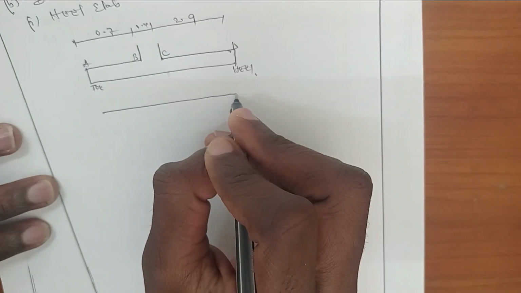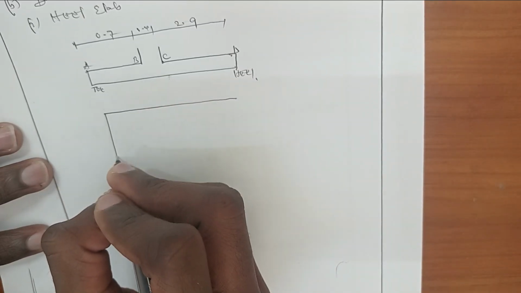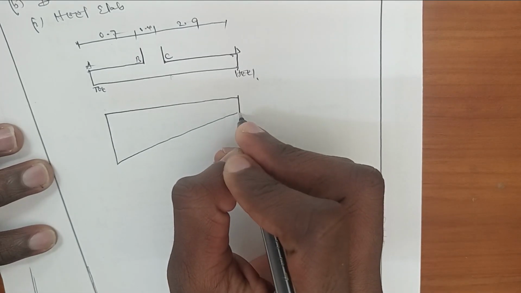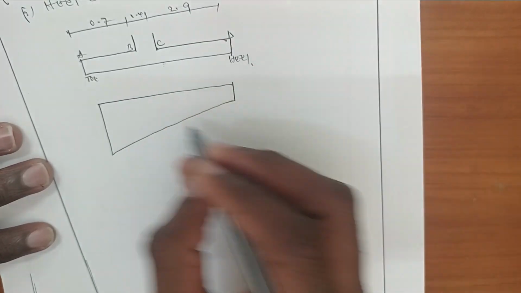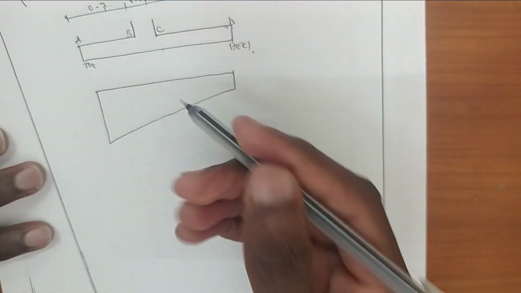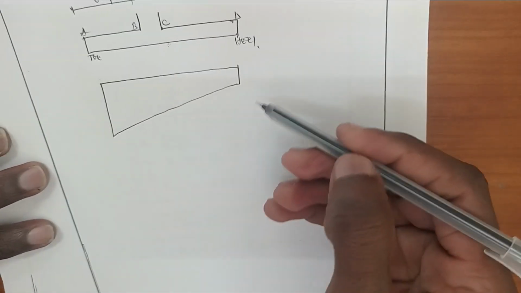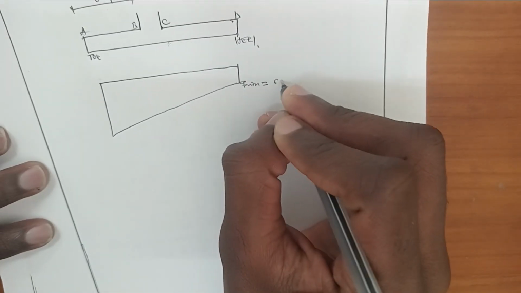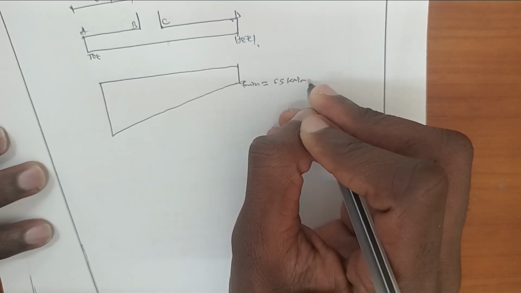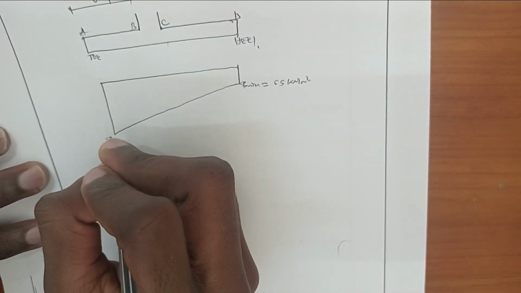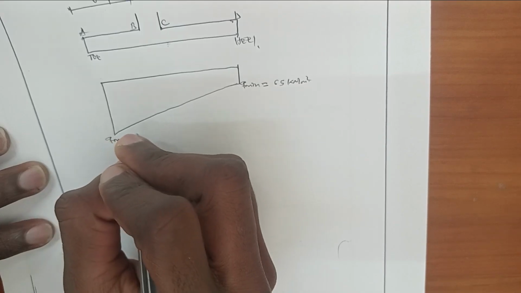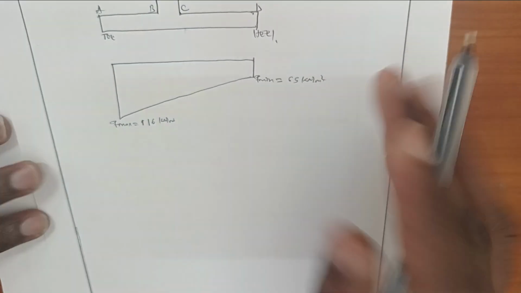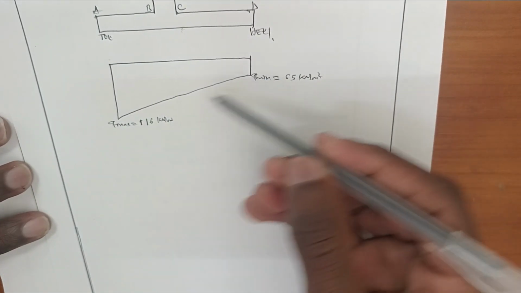This is the minimum pressure, which is 35 kilonewton per meter square, and this is the maximum pressure, which acts at the toe, which is 116 kilonewton per meter square. So the pressure increases from the heel up to the toe.